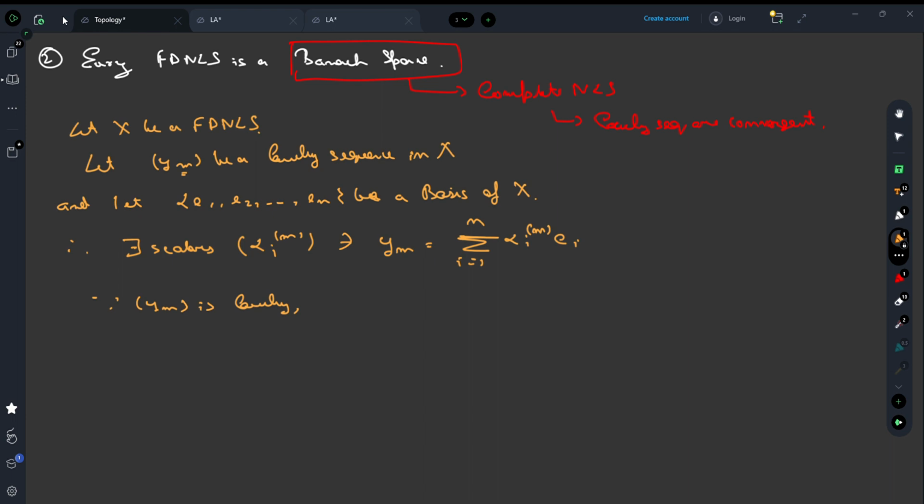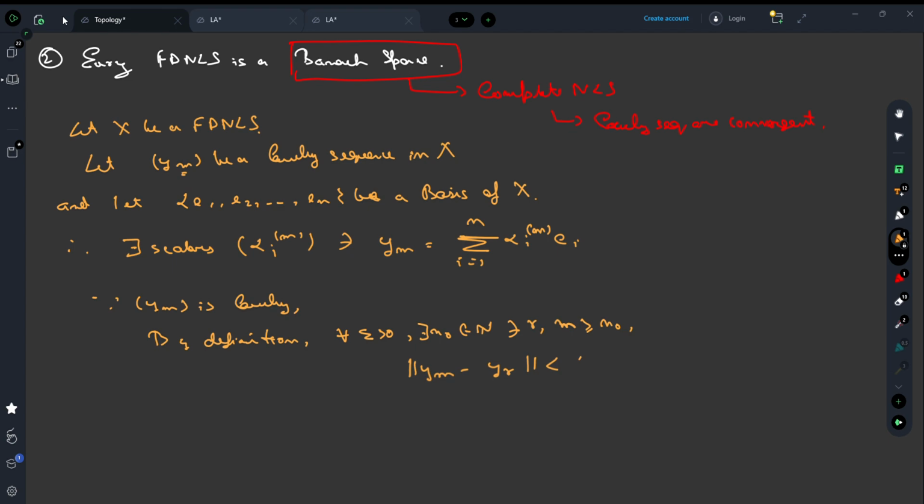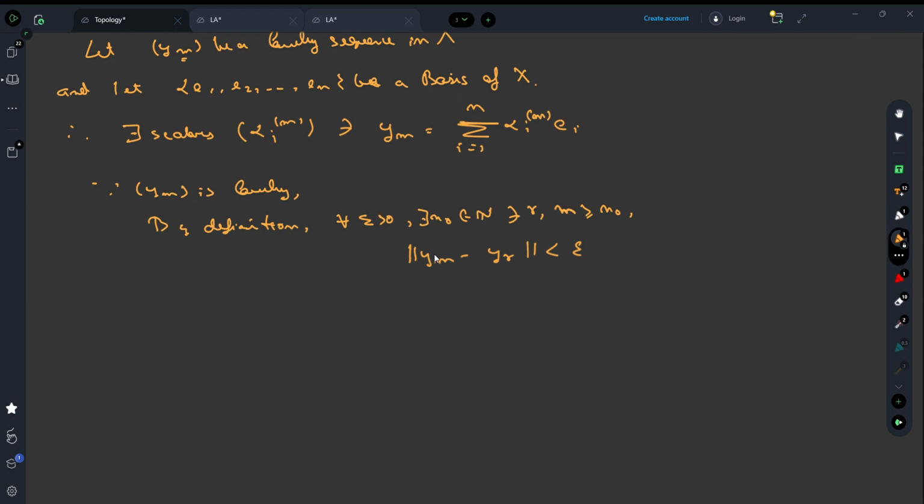Now y_m is Cauchy. By the definition of a Cauchy sequence, for all epsilon greater than 0, there exists a natural number n naught such that whenever r and m are greater than or equal to n naught, we have norm of y_m minus y_r less than epsilon.